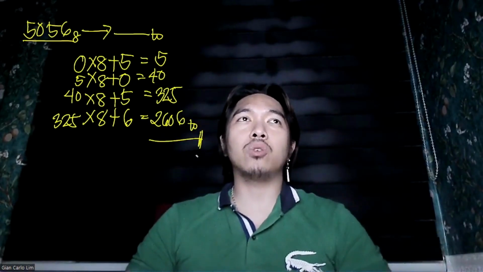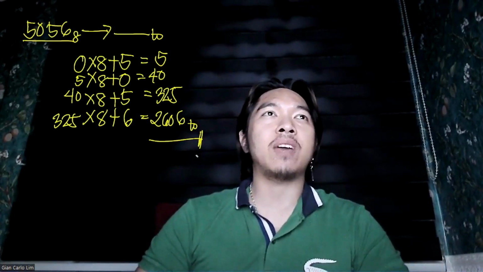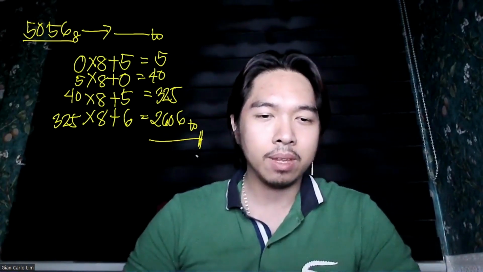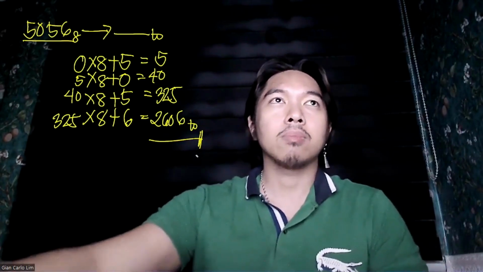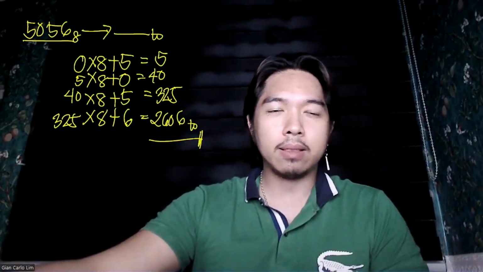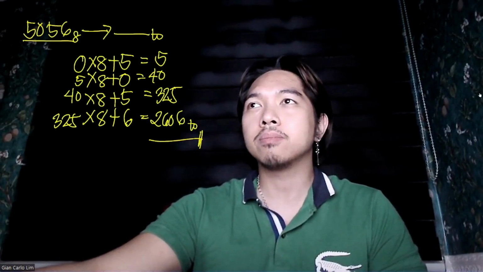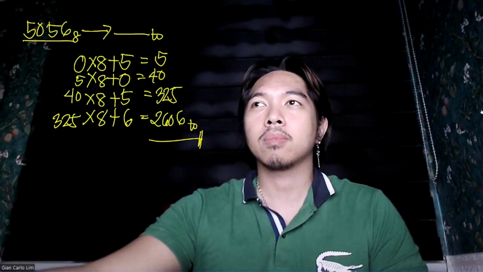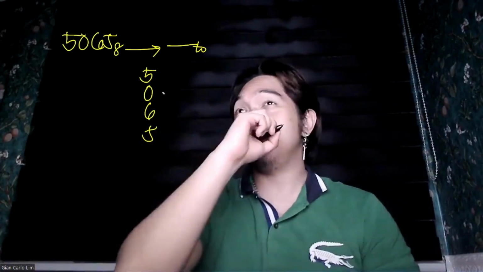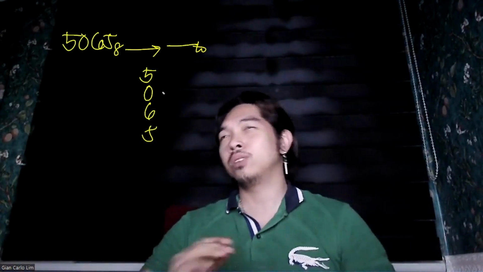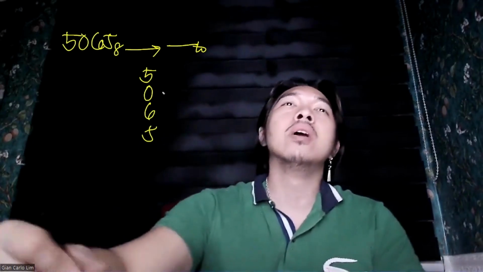Okay. What if you use the exact example we used earlier, which is 5065? Let's try that. That is where the correct answer will come out. So, 5065, base 8 converting to base 10. Let's write it vertically again. 5065. Sometimes I reverse it on purpose, to see if you're paying attention to our video.